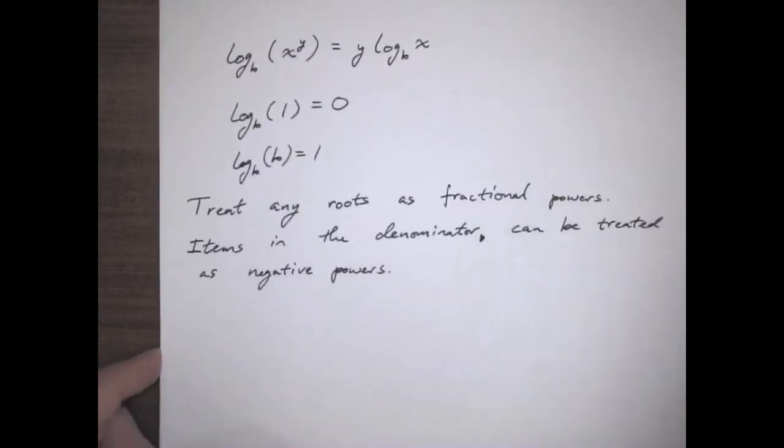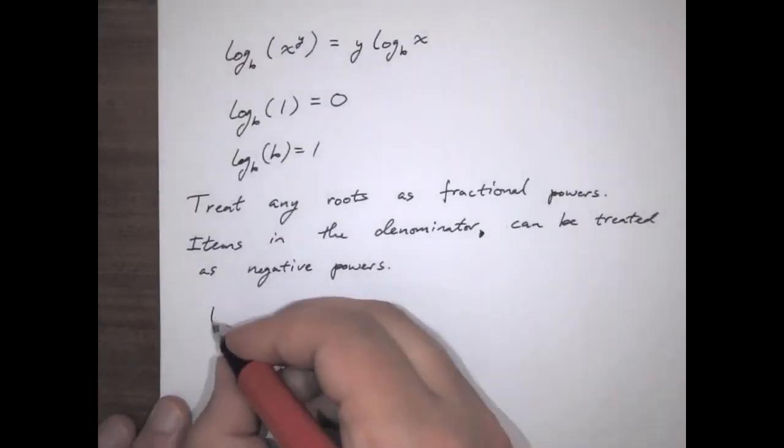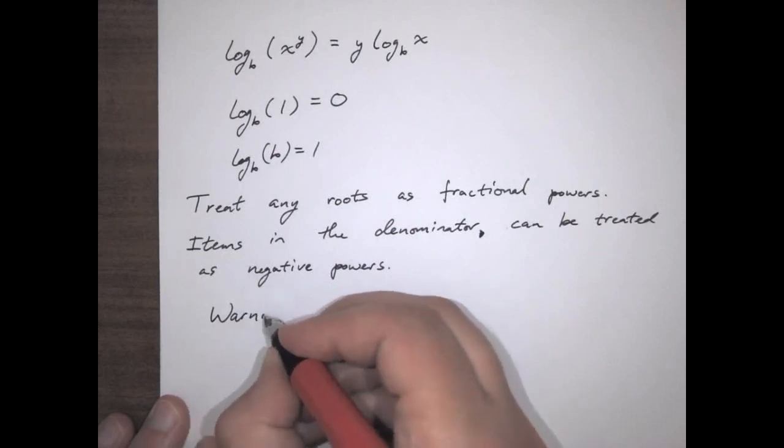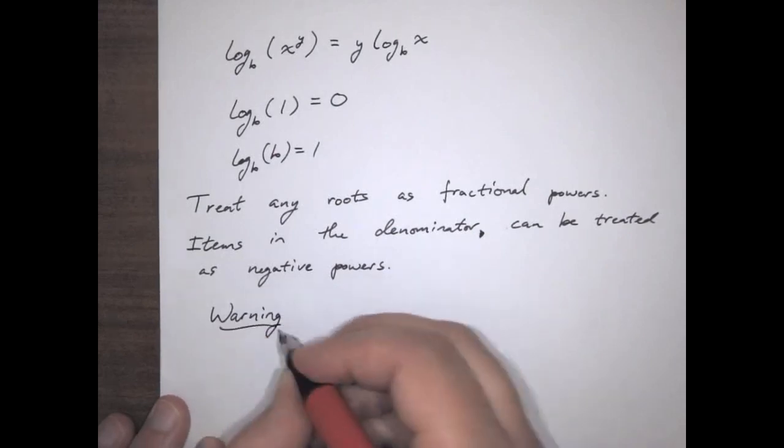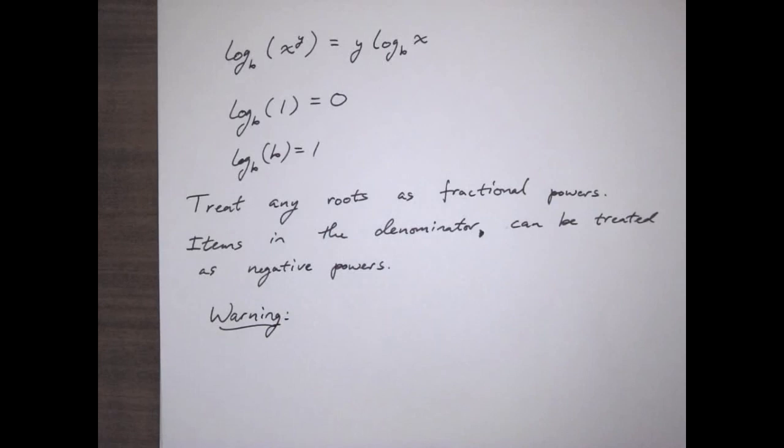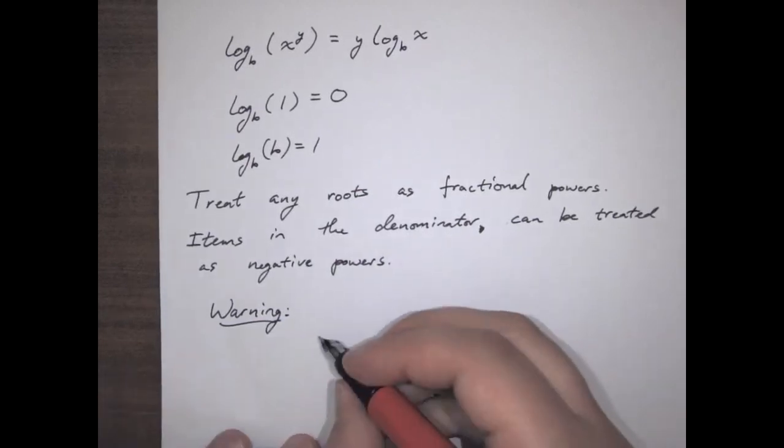Now, before we do any examples here, I want to warn you about something. We have rules for log of this times that, this divided by that, this to the power of that. We don't have any rules that pertain to log of sum.